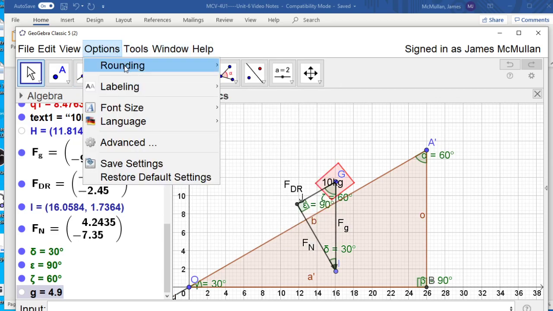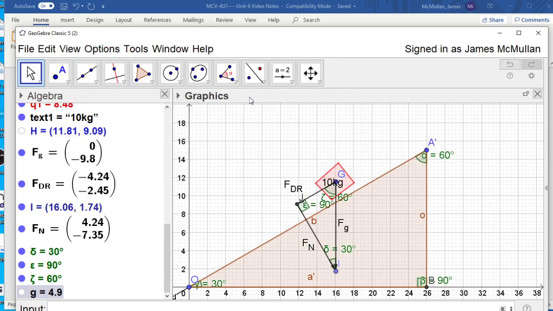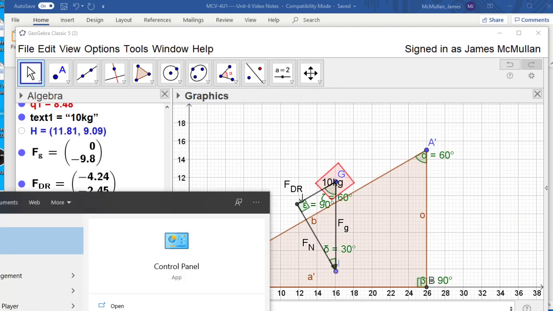I'm working with 9.8 as if my thing was 1 kilogram, not 10. So let's copy paste the picture so you have it.